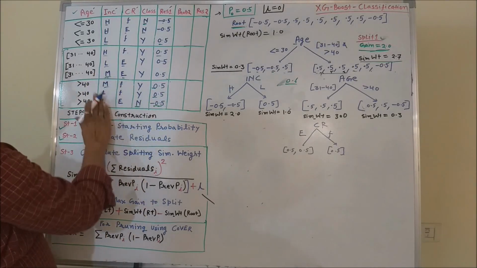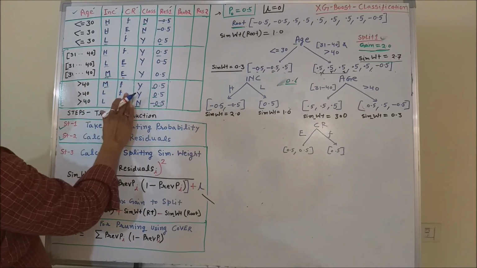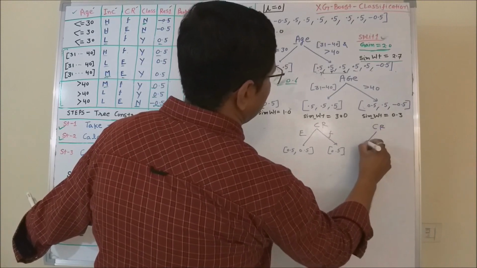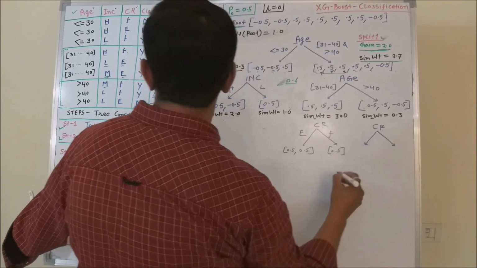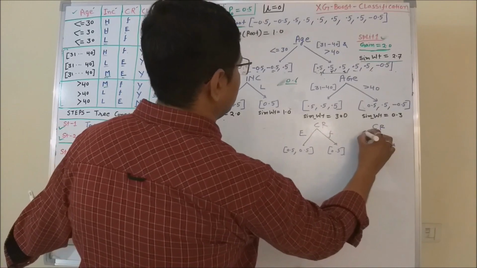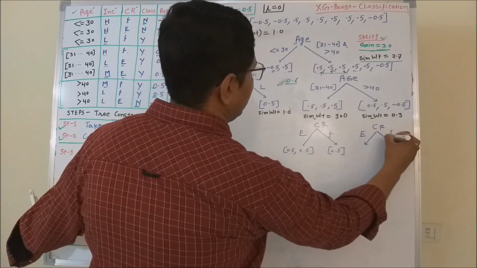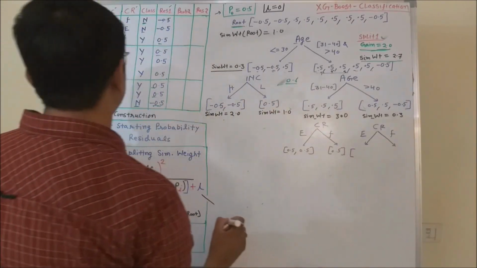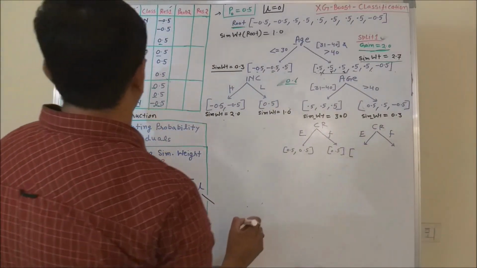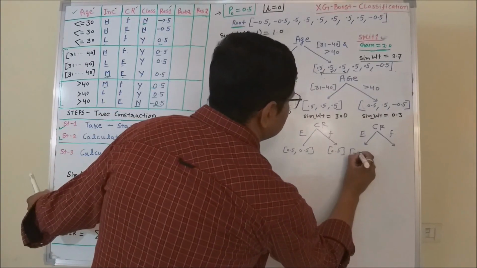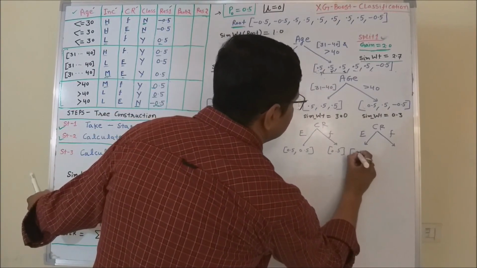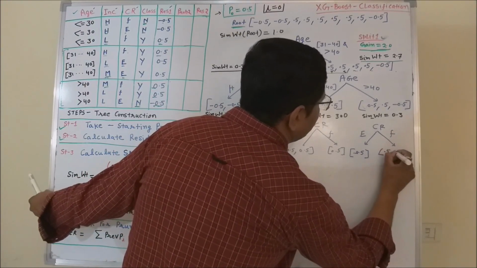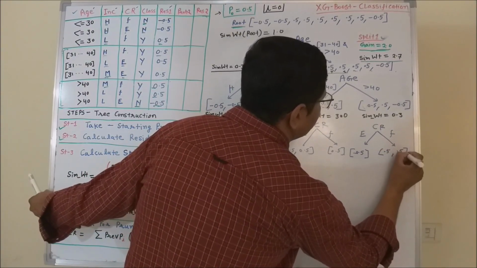So based on the credit rating, again you can split here, into excellent and fair. Now your values will be minus 0.5, 0.5 and 0.5, 0.5.